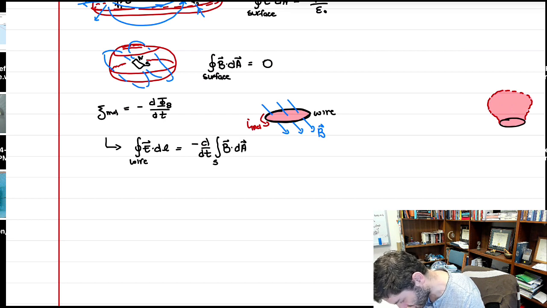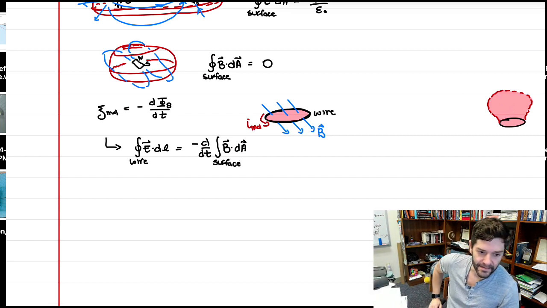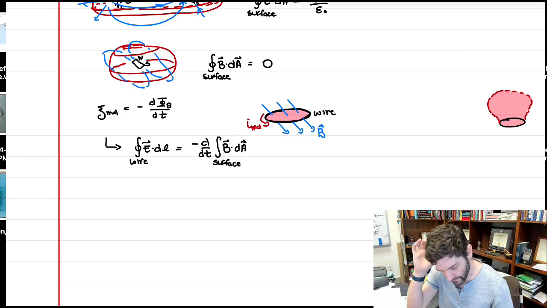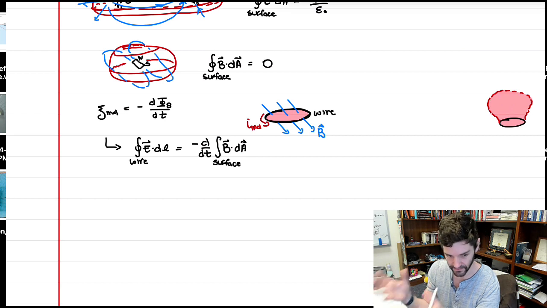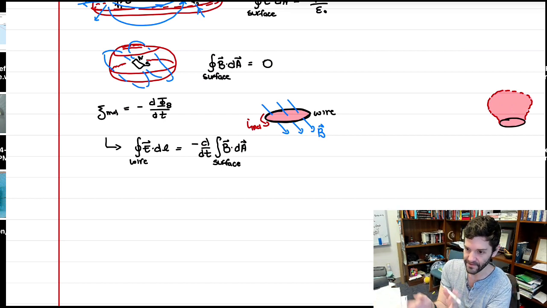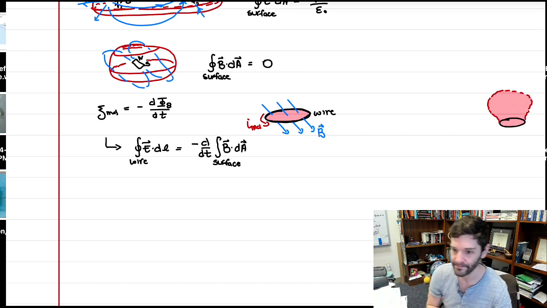And that is the surface that I've drawn. So that is a more fancy way of writing Faraday's law. A change in the magnetic flux, which is the right-hand side, can create a current, and currents are driven by electric fields along, in this case, the example of the wire.